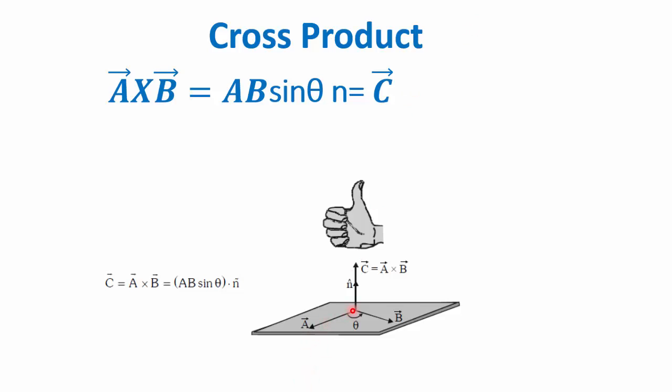ধরা যাক একটা ভেক্টর a which is in x direction এইদিকে, আর একটা y direction b vector. Let us say two vectors a and b, they are in the xy plane.